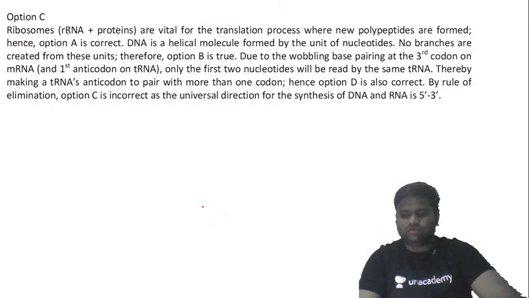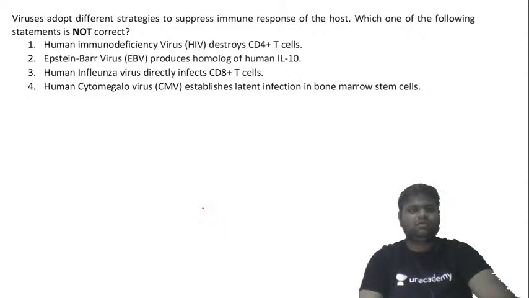Let's move to the next question. Viruses adopt different strategies to suppress immune response of the host. Which one of the following statement is not correct? So option A says human immunodeficiency virus destroys CD4 T cells.